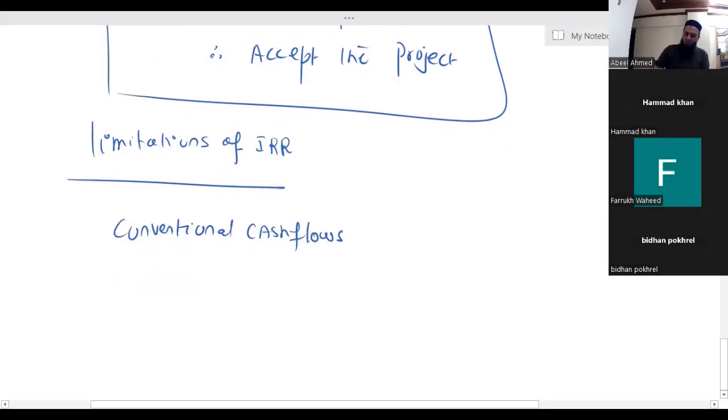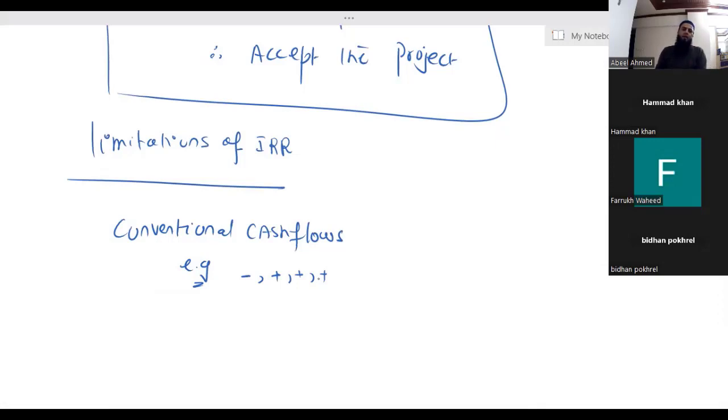For example, you have an outflow and then a series of inflows. That is a conventional cash flow. Another name for it is the standard pattern of future cash flows. So conventional means there will be an outflow and then a series of inflows.